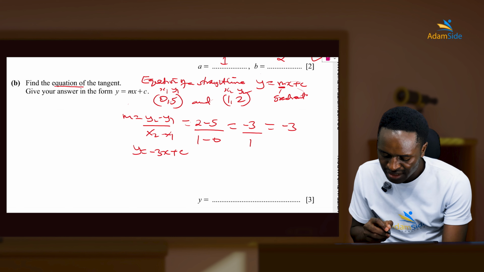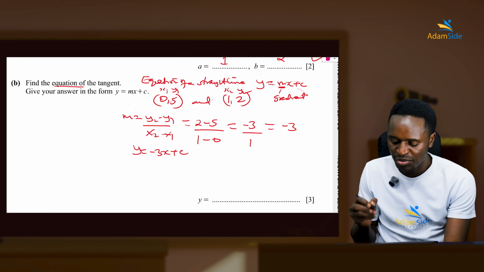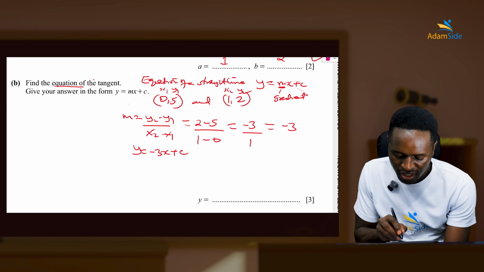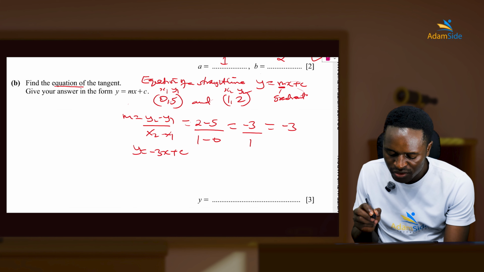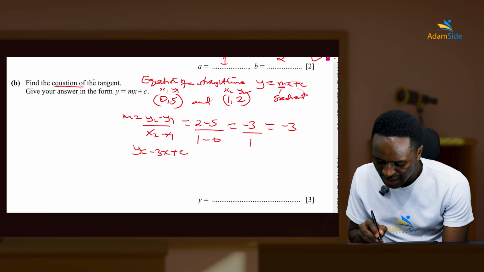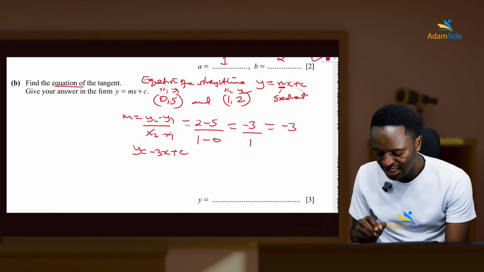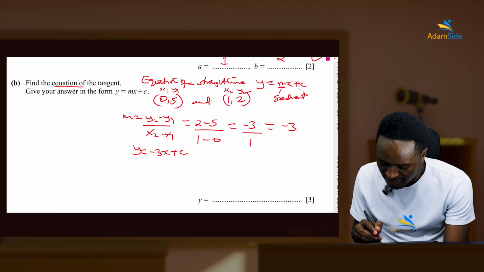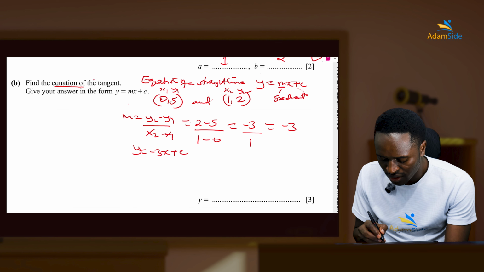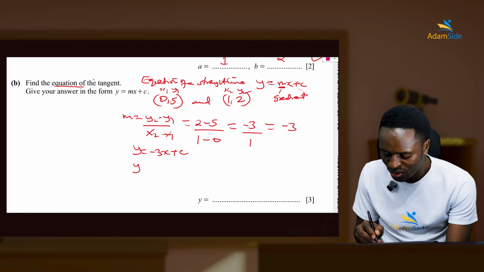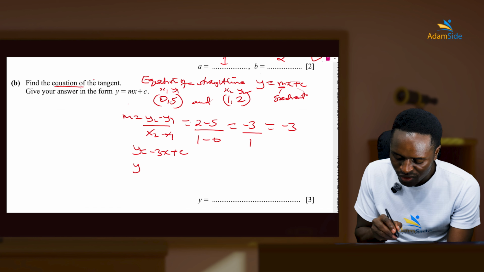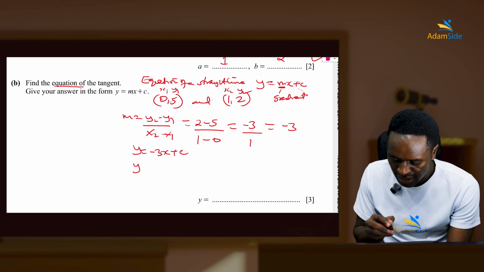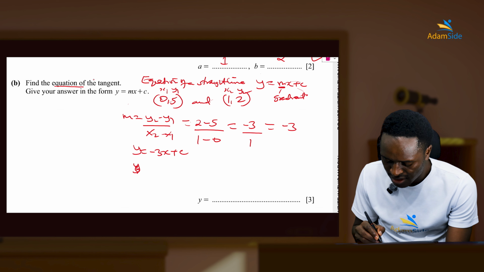Therefore, y is equal to negative 3x plus c. Now, the line passes through the y-intercept, which is 5. If I need to find the value of c, I can use the point (0, 5): when y is 5, x is 0.